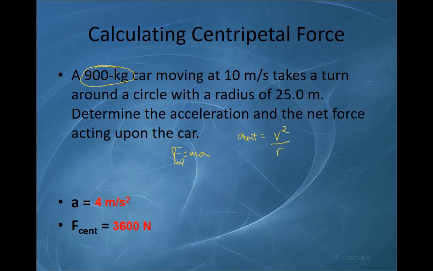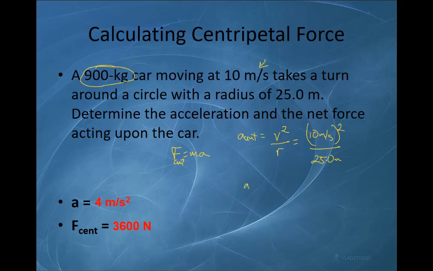Now, we're not talking to you about what angle is covered in what amount of time. So this is going to be a linear velocity. So this is 10 meters per second squared over the radius, which is 25 meters. Okay, 10 times 10 is 100.